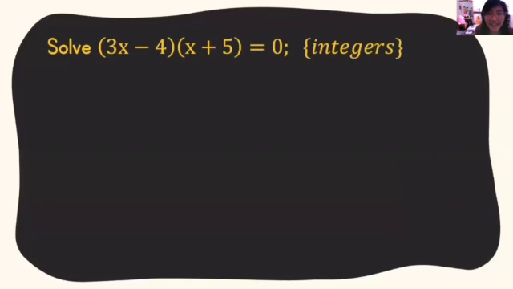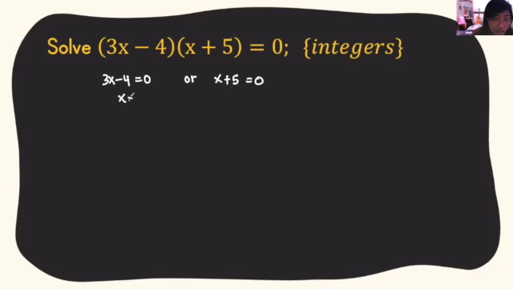Here, you are asked to solve (3x minus 4) times (x plus 5), but this time, the solution will be within the domain of integers only. Okay, so let's first solve this equation. (3x minus 4) times (x plus 5) equals 0, meaning one of the factors can be 0. It can be 3x minus 4 equals 0, or it can be x plus 5 equals 0.